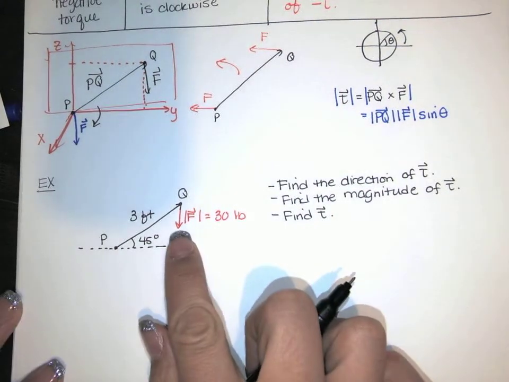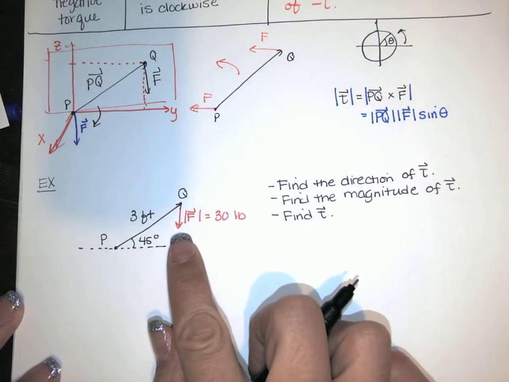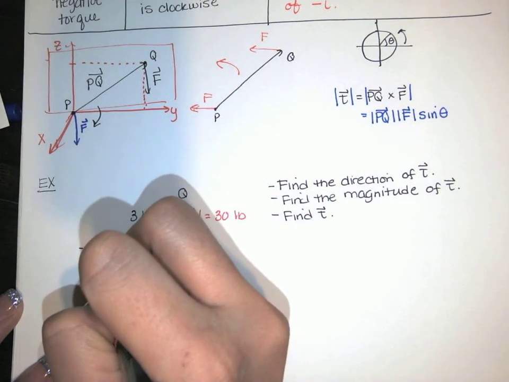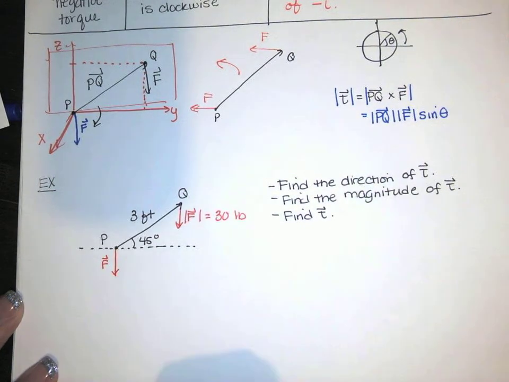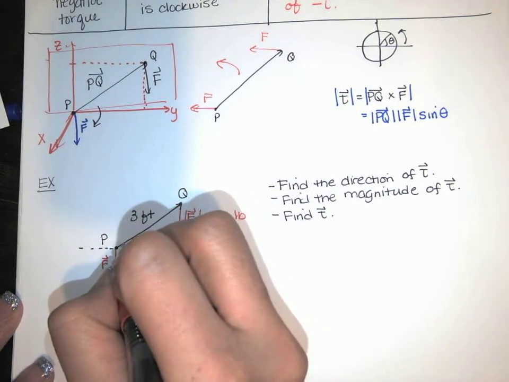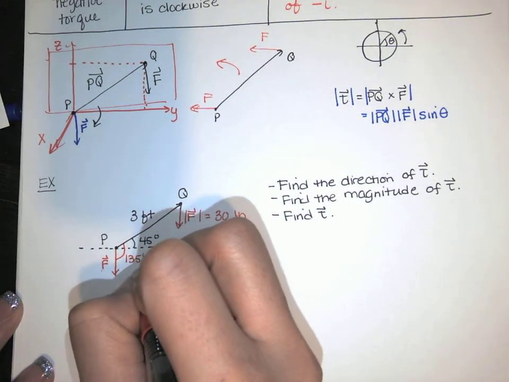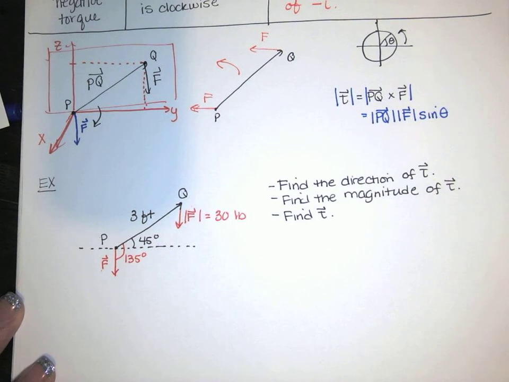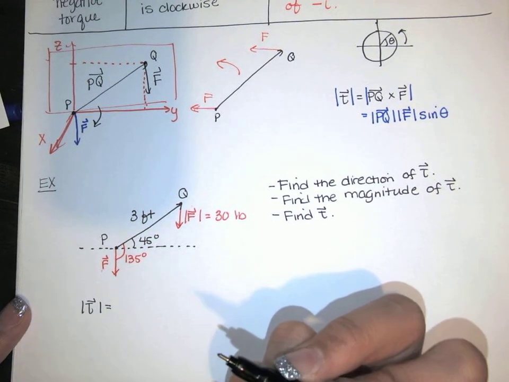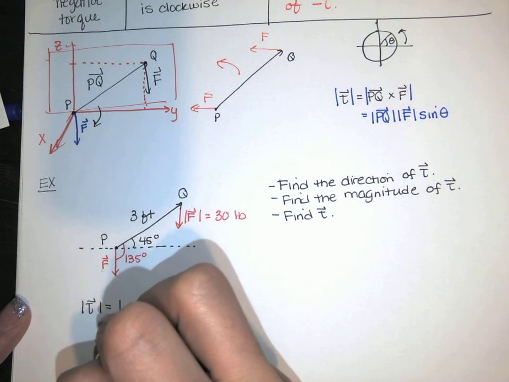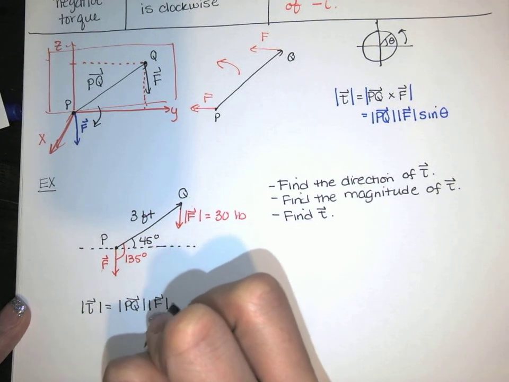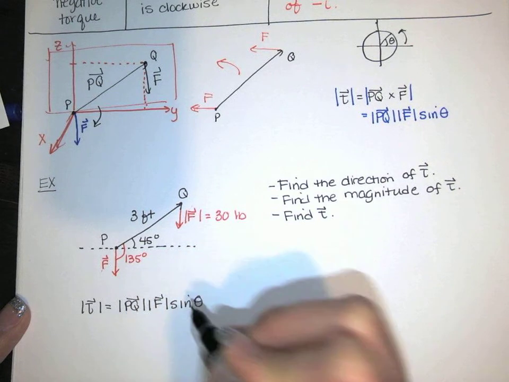If the force is going straight down, I can draw that force over here. And we see that the angle between PQ and F is not 45, but 135 degrees. So using my formula, the magnitude of the torque is the magnitude of PQ times the magnitude of F times the sine of the angle between them.